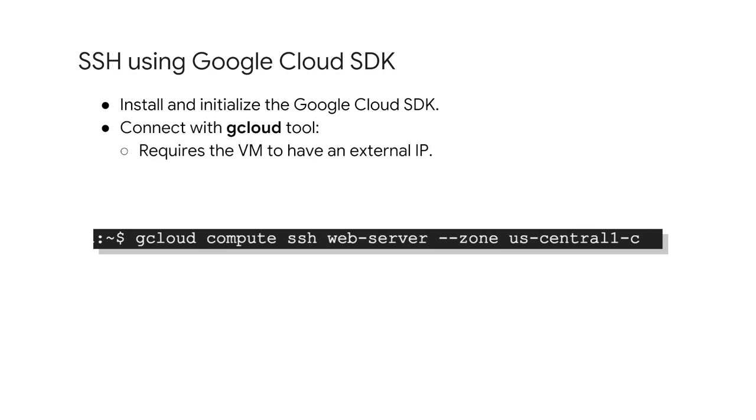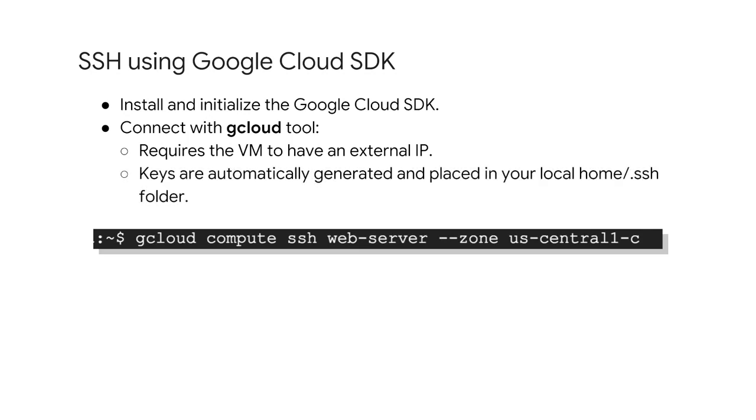However, it is required for the VM to have a public IP address. The public IP address is used by gcloud as it is running outside of the project and therefore does not have access to internal Compute Engine IPs. The zone name is the name of the zone where the instance is running. Running this command will automatically generate SSH keys and place a copy of them in your local home/.ssh folder.